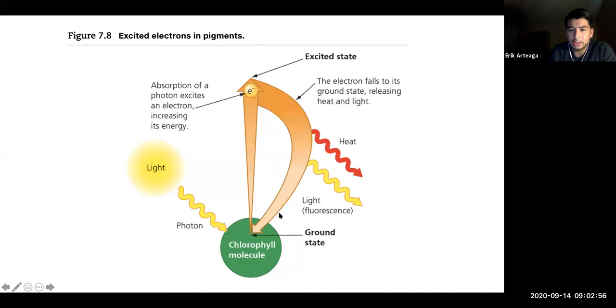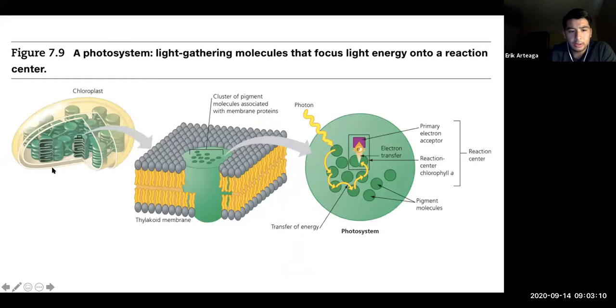Okay, and this is what's going to be used to power this photosynthesis, this energy that's needed to harvest the NADPH as well as the ATP. Okay. So again, here we have clusters of these chloroplasts embedded on the membrane proteins. But what you have is this photon of light hitting, and then you have the bouncing of the electrons between these different pigments or these different photosystems.